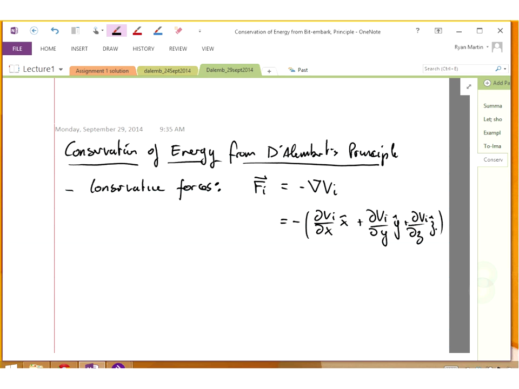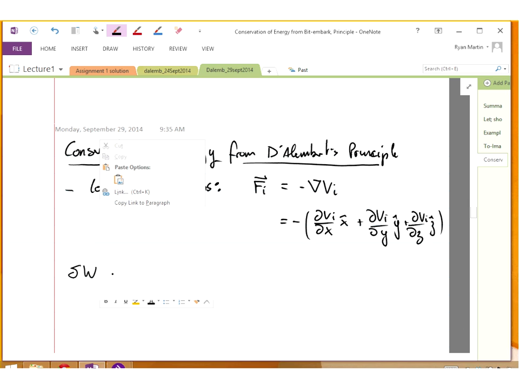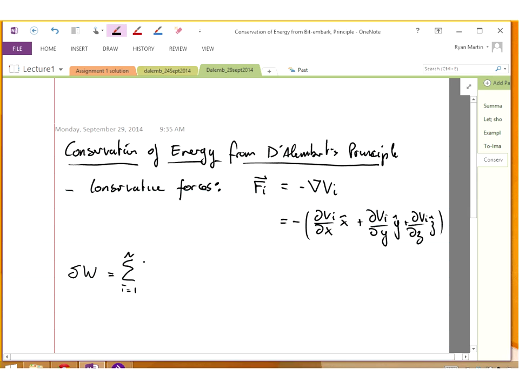So the virtual work done by such a force is the sum. There are n particles, and they each have a net force that's given by a potential.